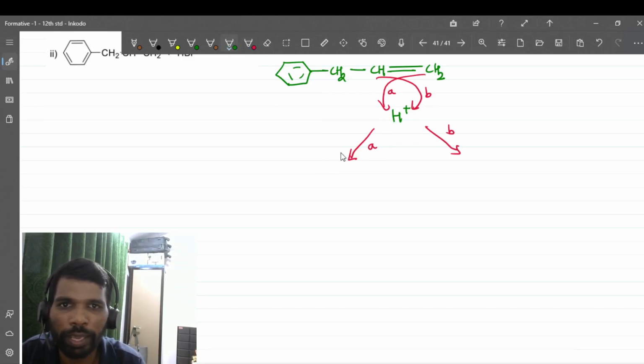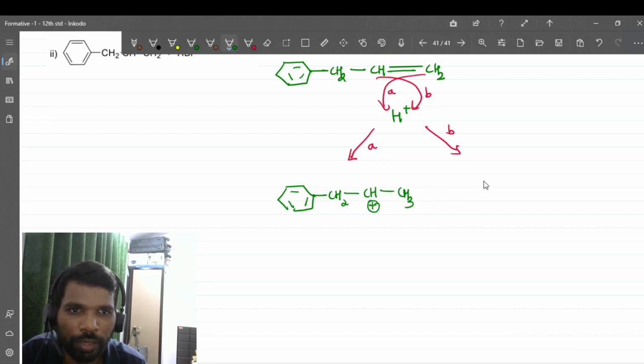If the attack is through A, you are going to get CH2, CH, positive charge, and this is CH3. And if it is through B, then CH2, CH2, and CH2 plus.